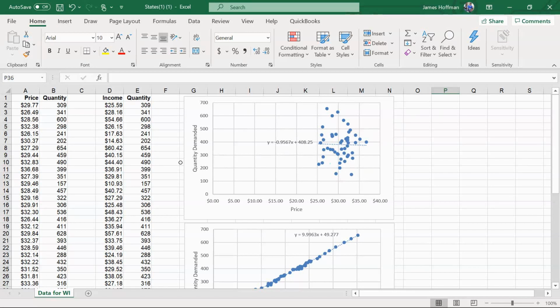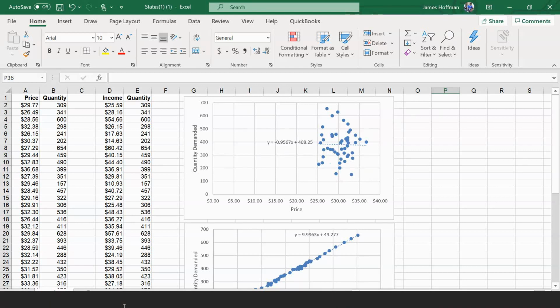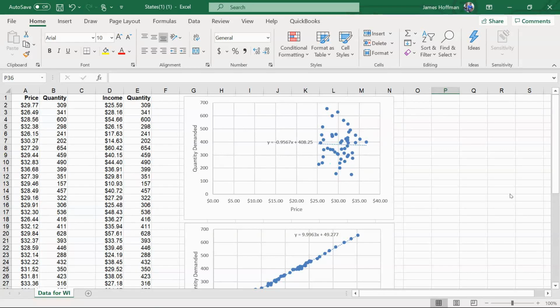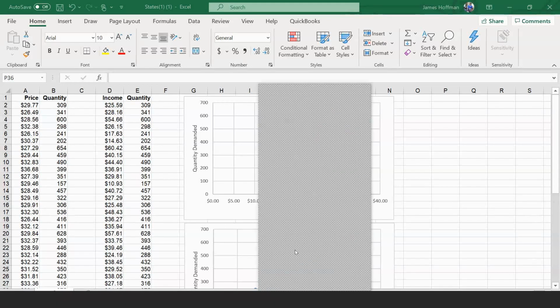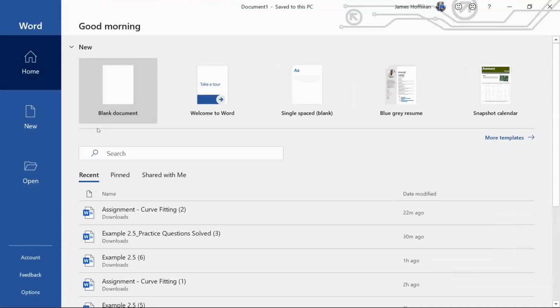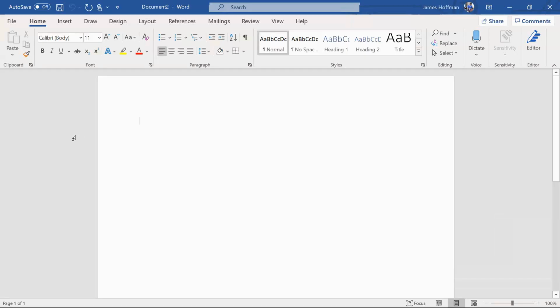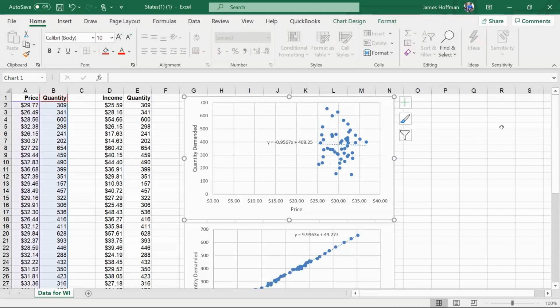So if I just did this, you can copy and paste the chart into a Word document.